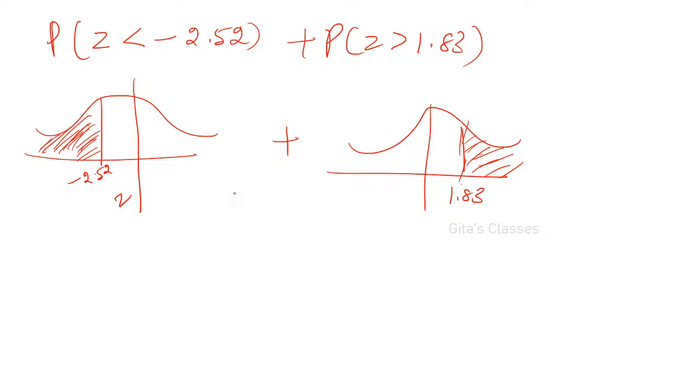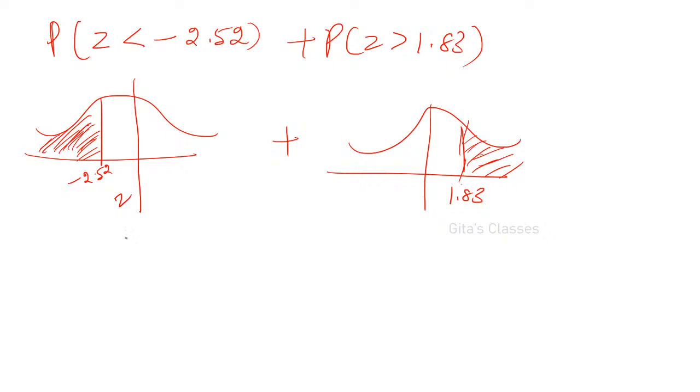How will you find out? I am going to use P now. That is P of minus 2.52. Don't forget this minus. If minus is there, don't forget, otherwise everything will go wrong.